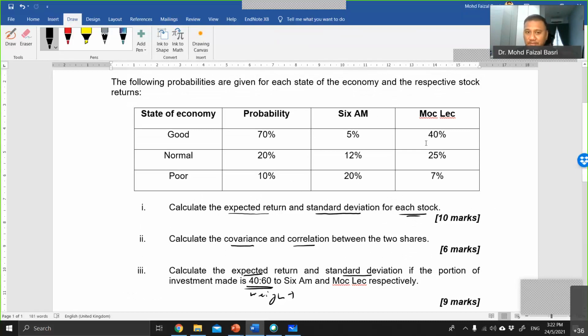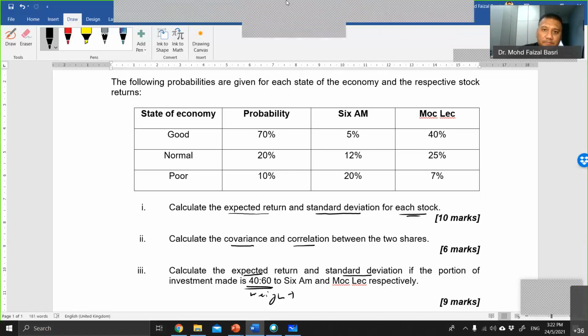I'm going to leave this page on so you can try to find the ER and standard deviation at least before we restart in 5 minutes' time. Take a 5 minute break.